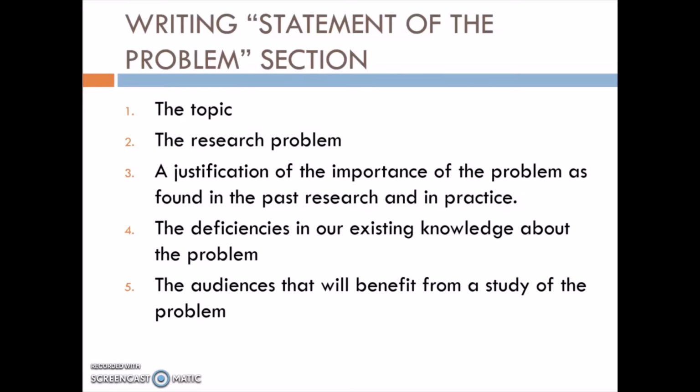Okay, now we come to writing the statement of the problem section. Usually this is part of the introductory section in an article, in the first paragraph, and it usually starts with the general topic, and then comes to the research problem, followed by the justification, why it's important, and then how the research fits or fills the gaps of the existing knowledge, and then the importance, how the audience gets benefit from the research.